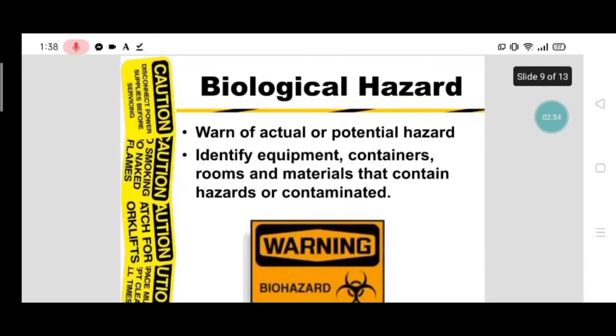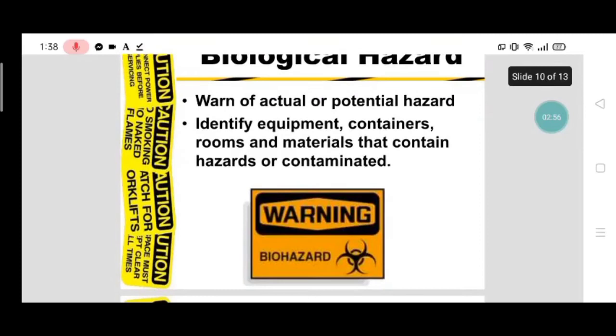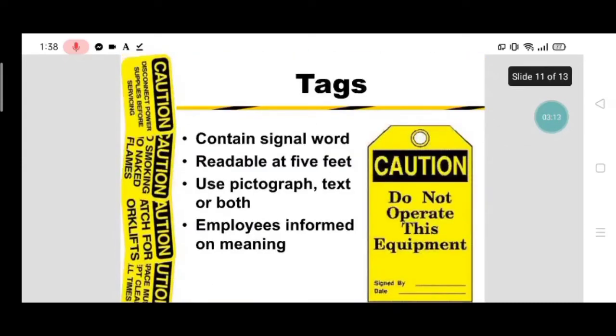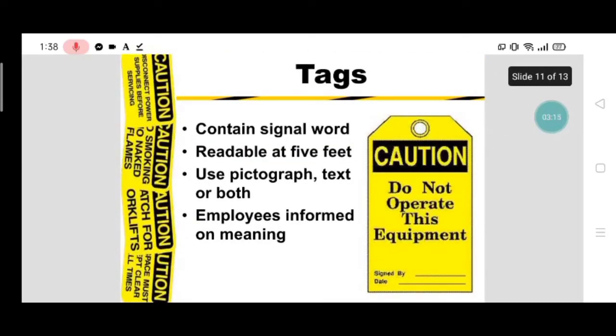So we have the biological hazard sign, which identifies actual or potential hazard, equipment, containers, rooms, and materials that contain hazard or are contaminated. Tags, the ones that say caution, do not operate this equipment.